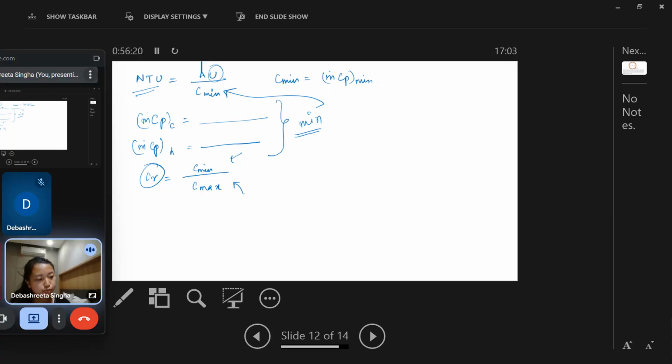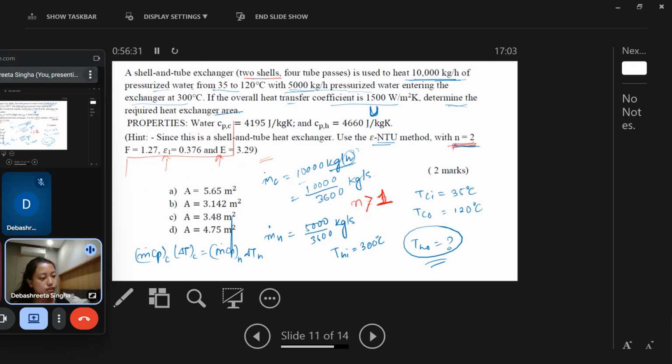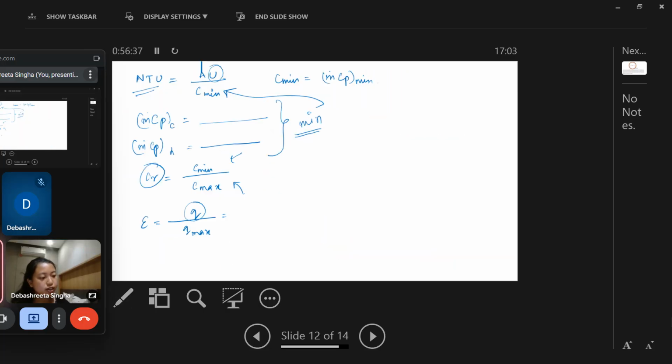Okay, but before using that, there is effectiveness also, which is given by Q divided by Q max. You can find out Q by either MCP delta T for the cold fluid or MCP delta T for the hot fluid. Any one of them you can use for finding Q. Then Q max is given by C min into delta T max.